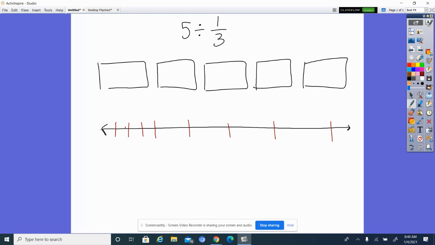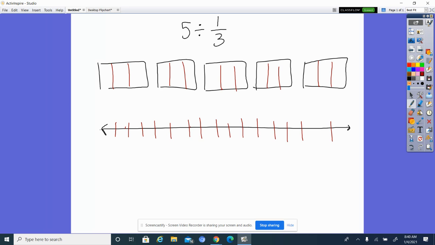This mile, 1, 2, 3. This mile, 1, 2, 3. 1, 2, 3. 1, 2, 3. And I can also cut my wholes into thirds, right? Okay, so we've cut the entire trail into 1/3 pieces.